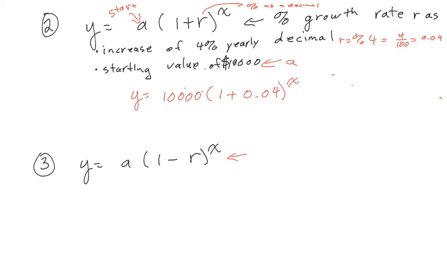Now this next one, where we have y is equal to a times 1 minus r to the x. The minus makes you automatically think it's no longer growing. So I call this the percent decay problem, where the rate is r in decimal.